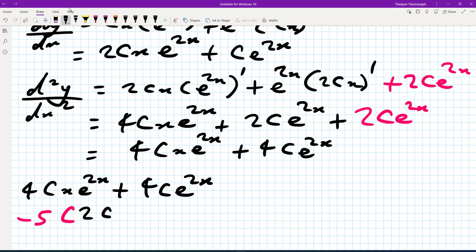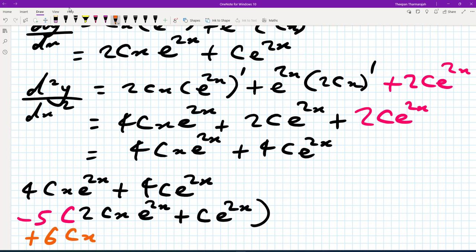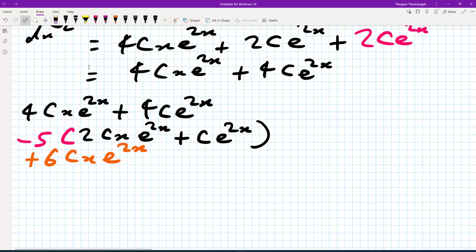So we get 2cx e to the 2x plus c e to the 2x plus 6 times the particular integral, which will be cx e to the 2x. So now we're going to simplify this down. And don't forget, all of that must be equal to e to the 2x.